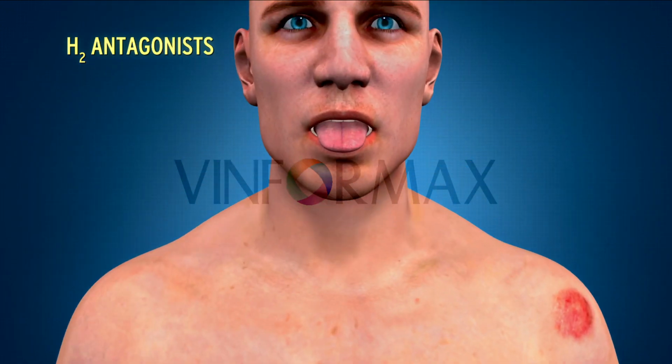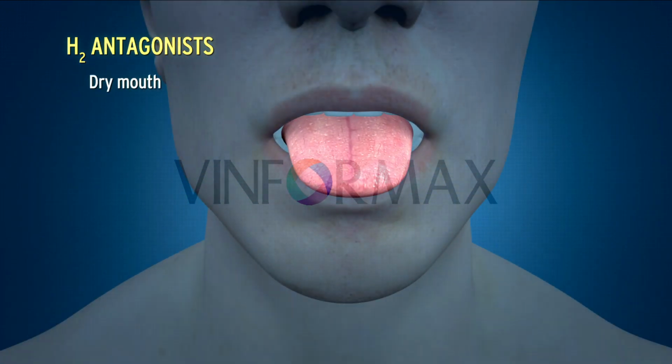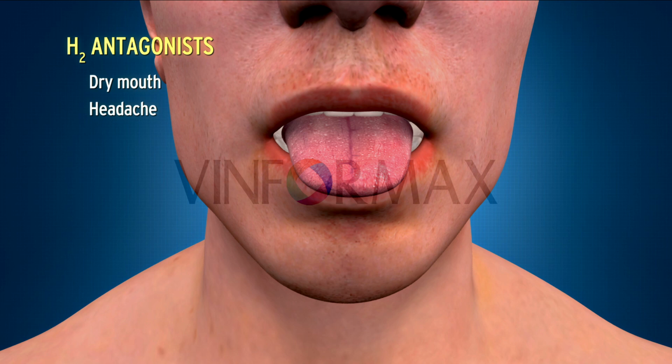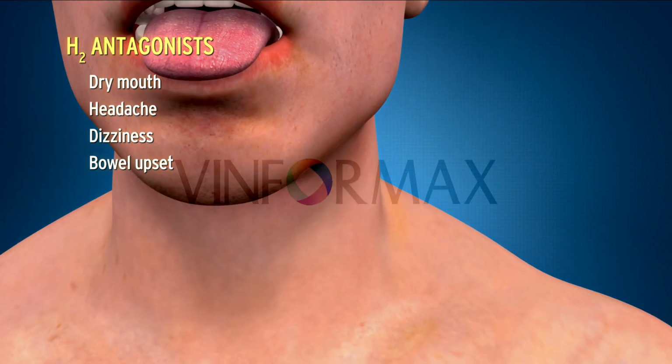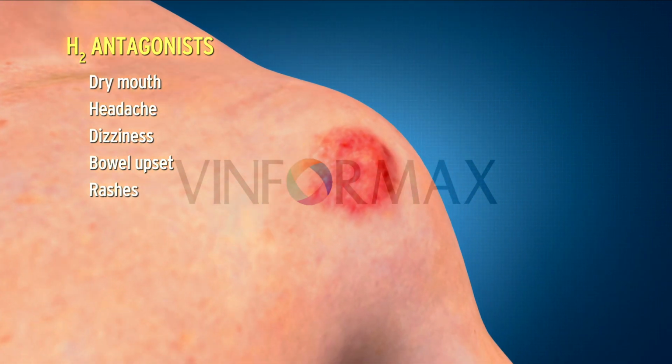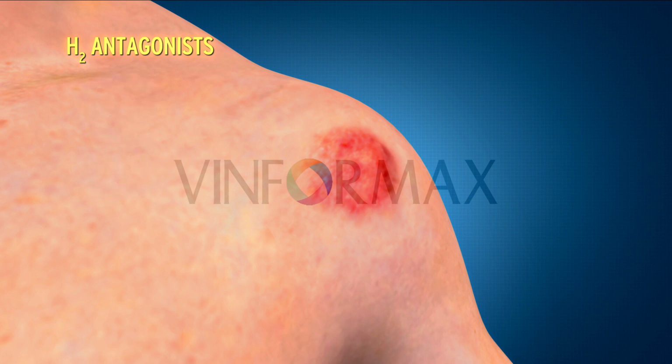Adverse effects: dry mouth, headache, dizziness, bowel upset, rashes. At higher dose, CNS effects like confusional state, restlessness, hallucination.